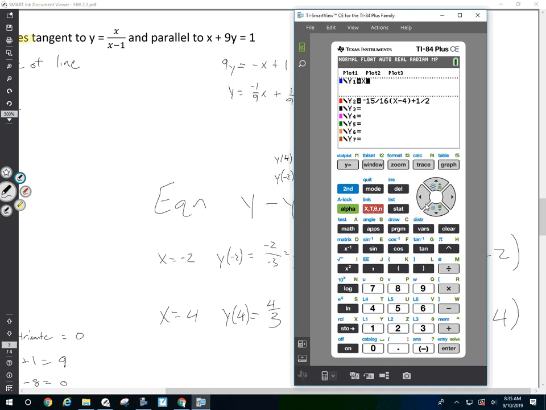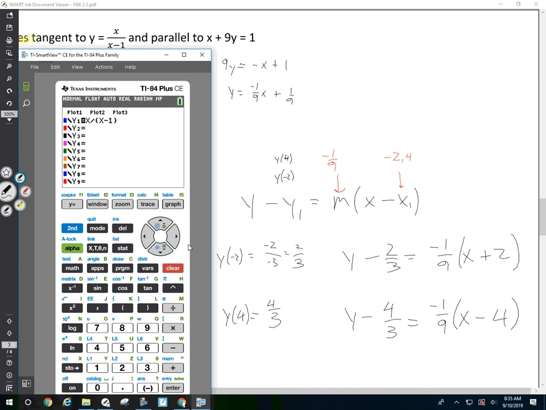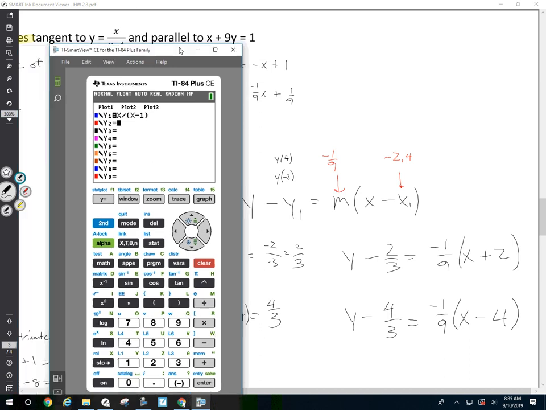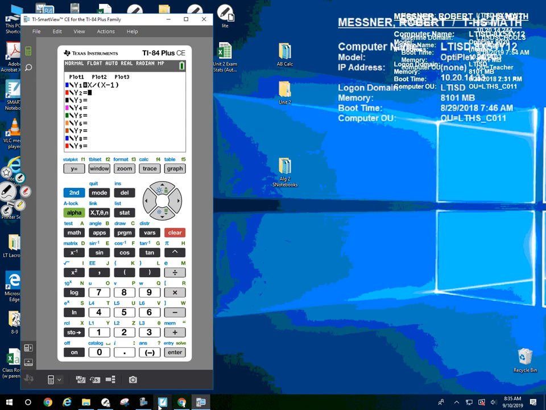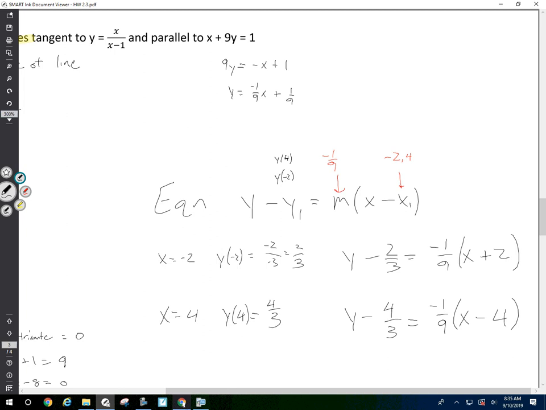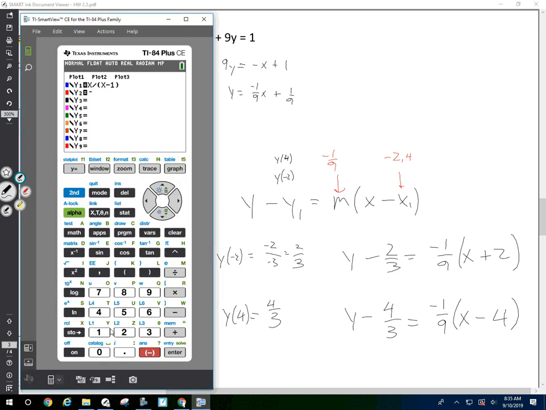x over, in parentheses, x minus 1. And let's do the first equation, the -1/9 x plus 1/9.